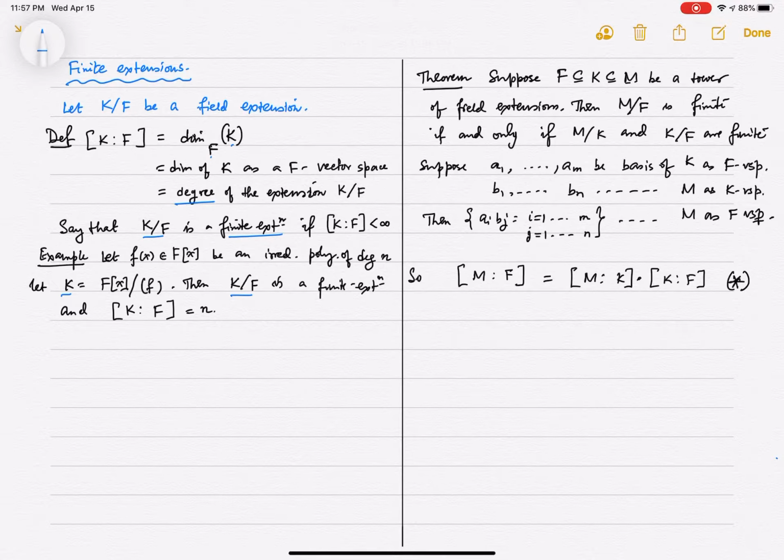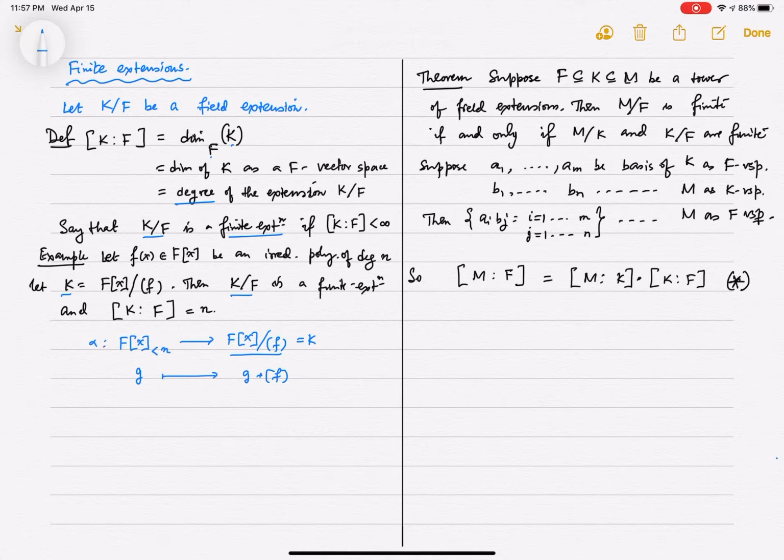this K is actually isomorphic as a vector space to polynomials of degree less than n. We can express every element here uniquely by the coset of a polynomial of degree less than n. You give me a polynomial of degree less than n, I take its coset.